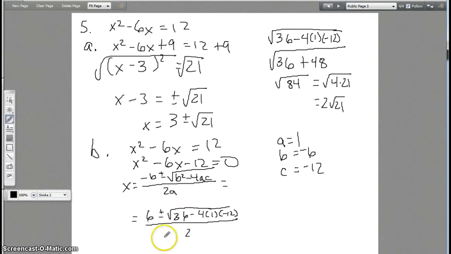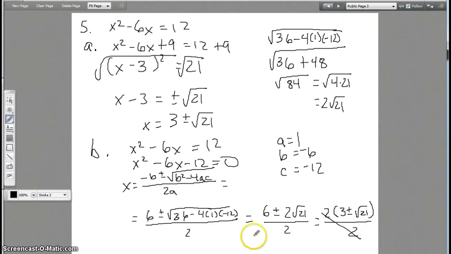So I'm going to rewrite this equation now as 6 plus or minus 2 times the square root of 21 all over 2. Now we're not done yet because you might notice that everything in the numerator has an even coefficient. So I'm going to pull a 2 out of our numerator, and we will have 2 times 3 plus or minus the square root of 21 all over 2.